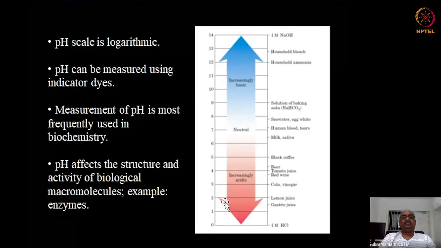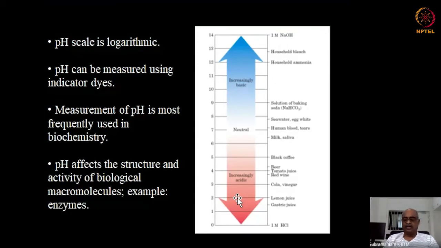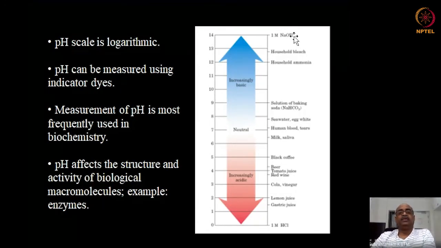So here this diagram tells you the range of pHs of common household or laboratory reagents. You can see them. Sodium hydroxide is a very strong base. Here when we say strong base or strong acid, we are referring to how readily it will dissociate, like Na plus and OH minus.